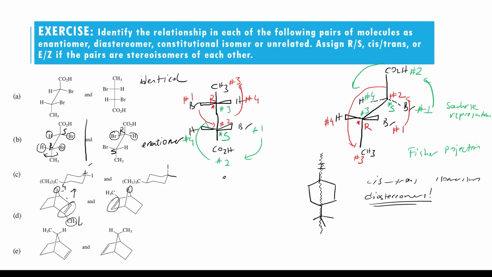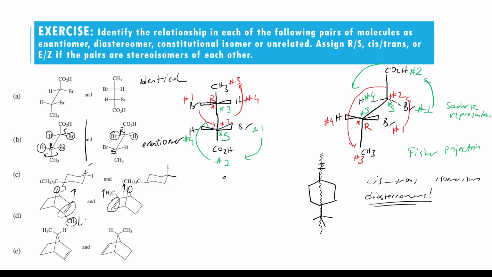The bridge carbon is pointing upward, and this methyl on the double bond is facing downward. If we check the other one, the bridge carbon and the methyl are facing the same direction.